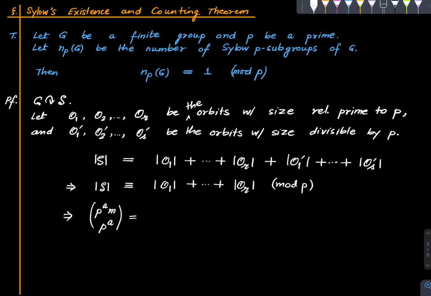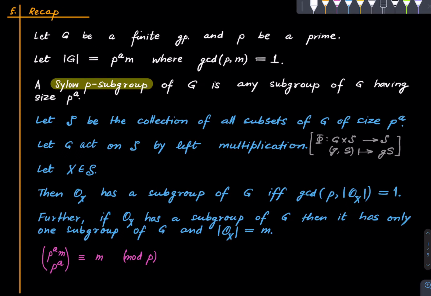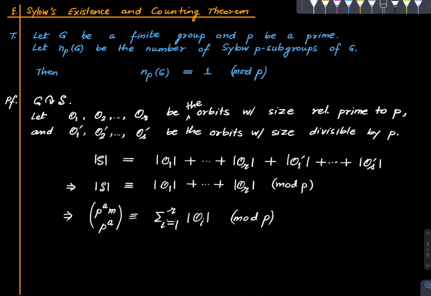So that is congruent to, let me write it in a shorter way, that modulo p. And now recall this identity. So that gives us m is congruent to that.